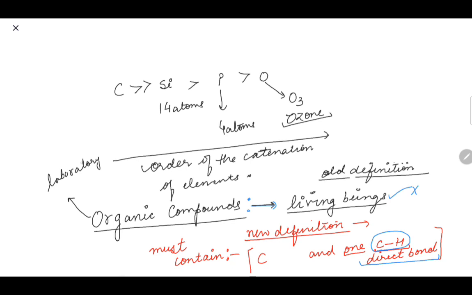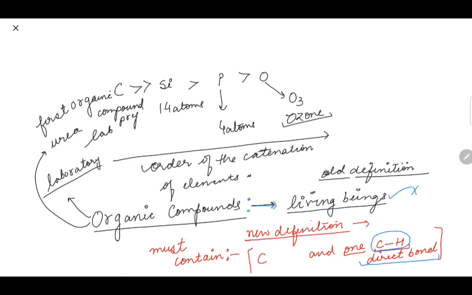The first organic compound that was prepared in the laboratory was urea. The formula of urea is NH2CONH2.